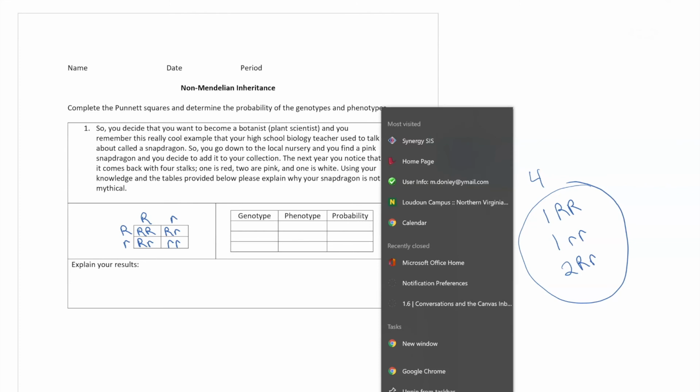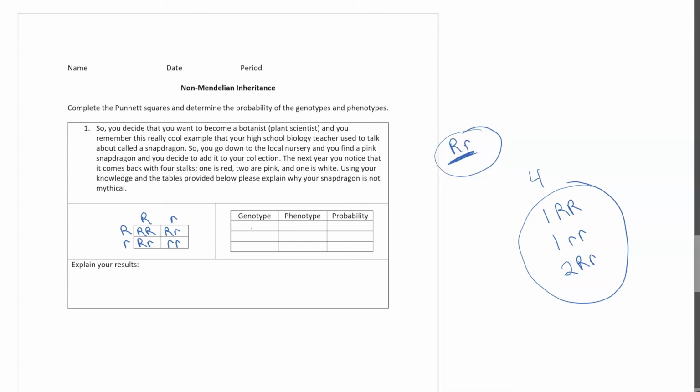Well, let's go ahead and fill out the table here. In this case, for the genotype itself, we've got capital R, capital R; capital R, lowercase r; lowercase r, lowercase r. Now our phenotypes, we have red, we have pink, and we have white.